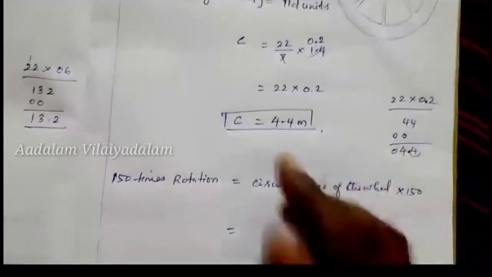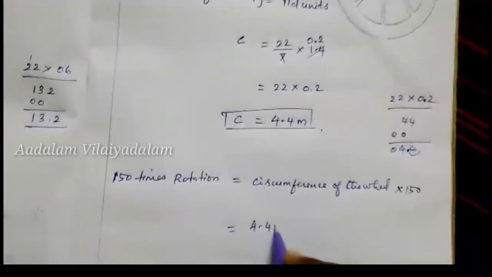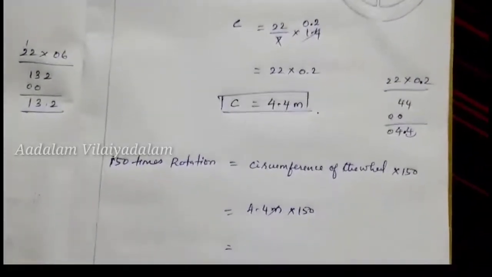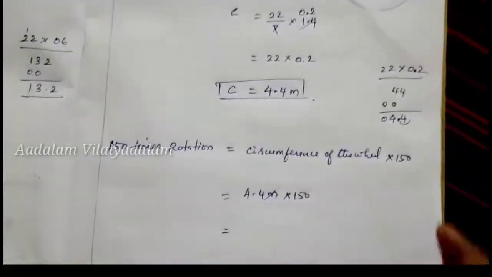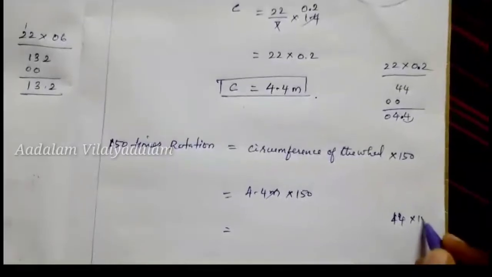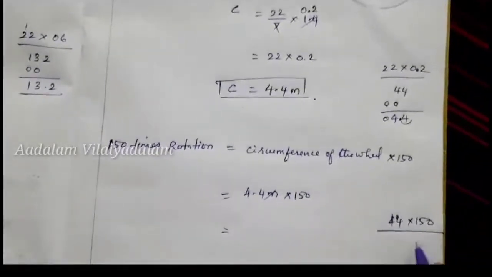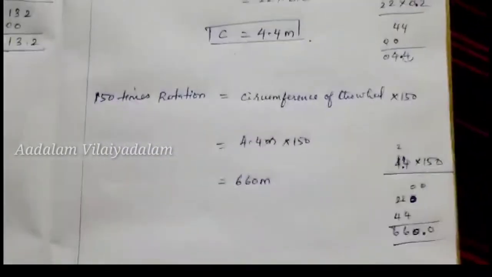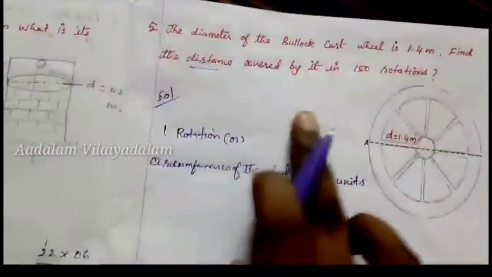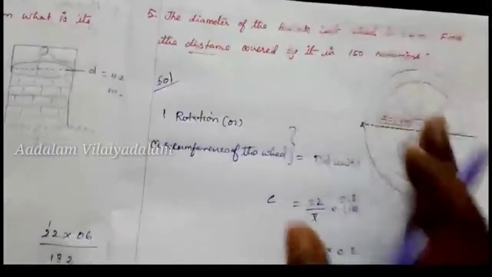The circumference of the wheel is 4.4 meter into 150. So for the product of 4.4 into 150 we can do 44 into 150. Then we get 660 meter.